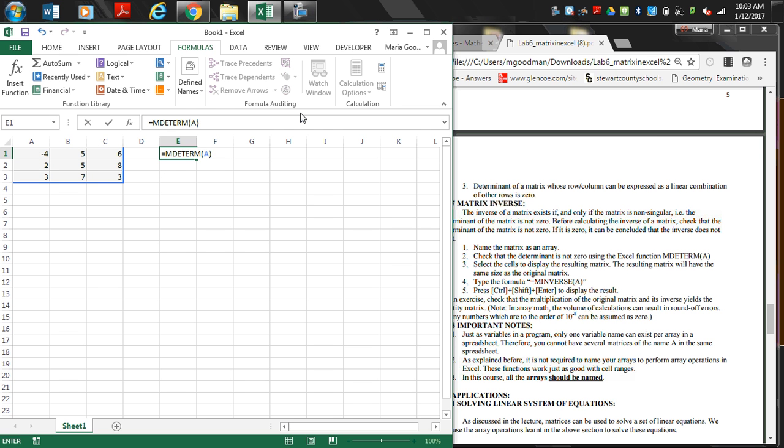Close your parenthesis. Now, do I have to use Control, Shift, and Enter on this one? No, because it's only going to give you one number answer. All right, so it gives us the determinant is 248.